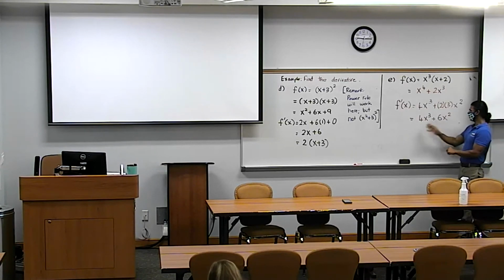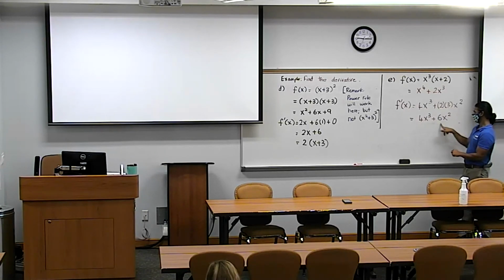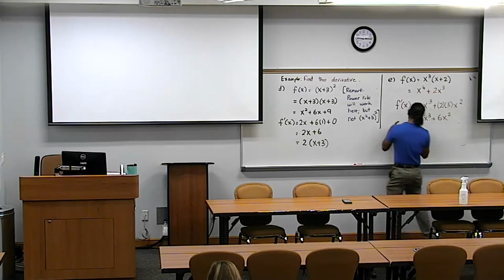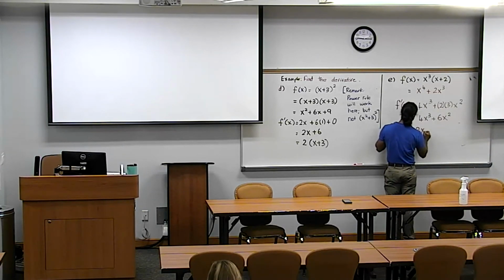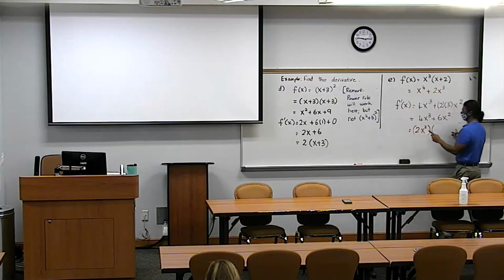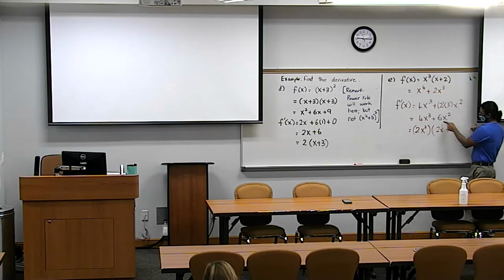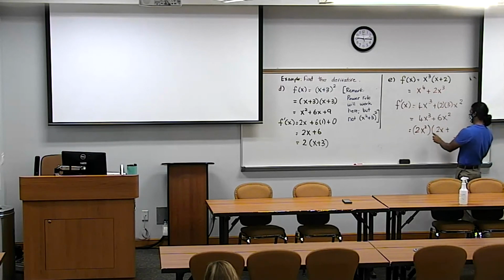Is there a common factor? I have a 2 and 2 there. There is another common factor, and what is that common factor? x. Just x? X squared, yeah. X squared. So if I pull out 2x squared from 4x cubed, I would have 2x. If I pull out 2x squared from 6x squared, I would have 3.